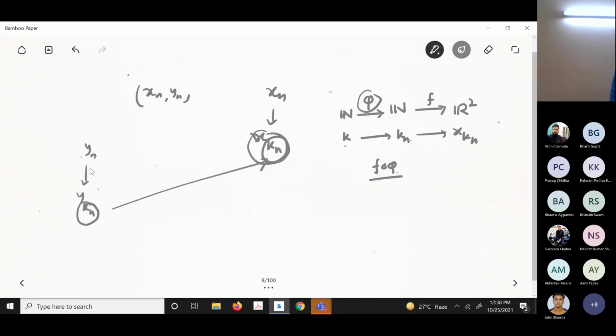This is a function. I may have a different function here. It's a strictly increasing function. So for yn, I will have a function like this, psi. Here it is, it is in R actually.